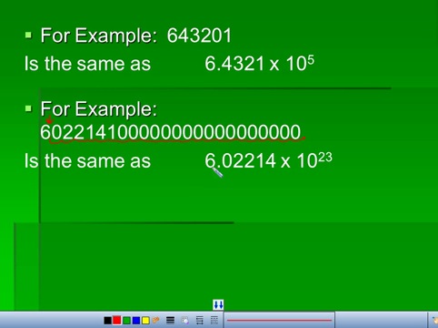And so that's 6.02214 times 10 to the 23, which represents how many tens we took out of there by moving that decimal to that place. All right, so those were two really, really big numbers.